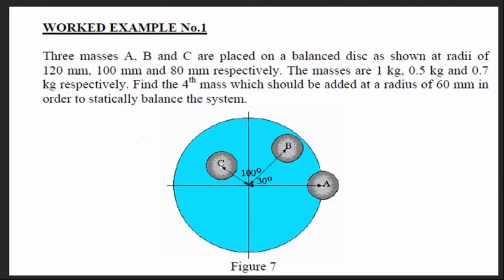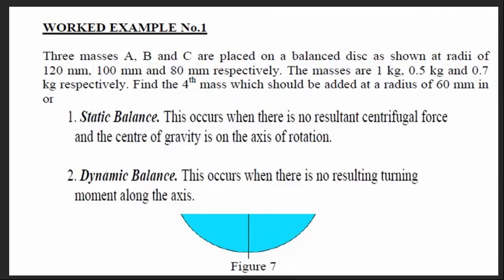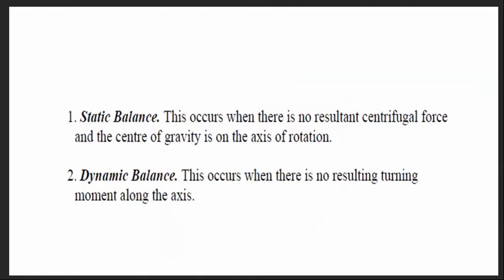Before I go through the example, let me first explain this important thing. If you have a body which is unbalanced, in order to correct that, you must consider two things: static balance and dynamic balance.